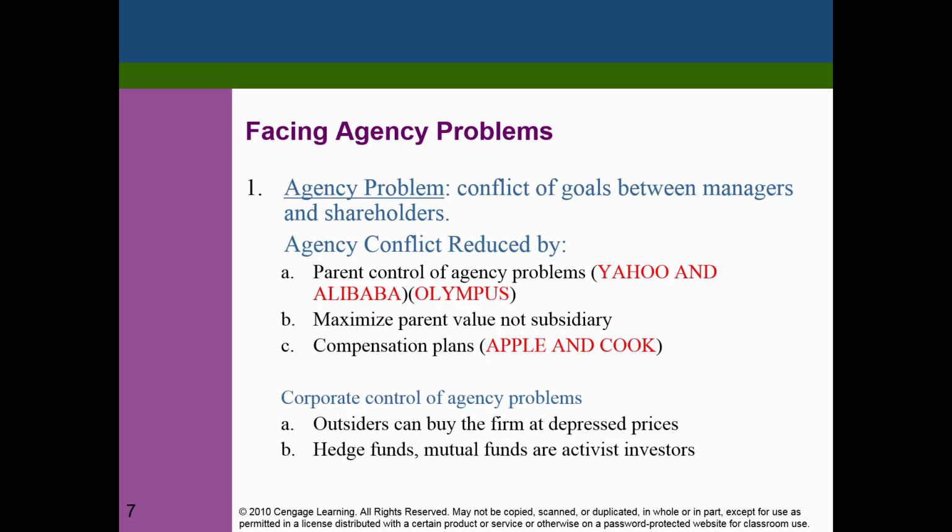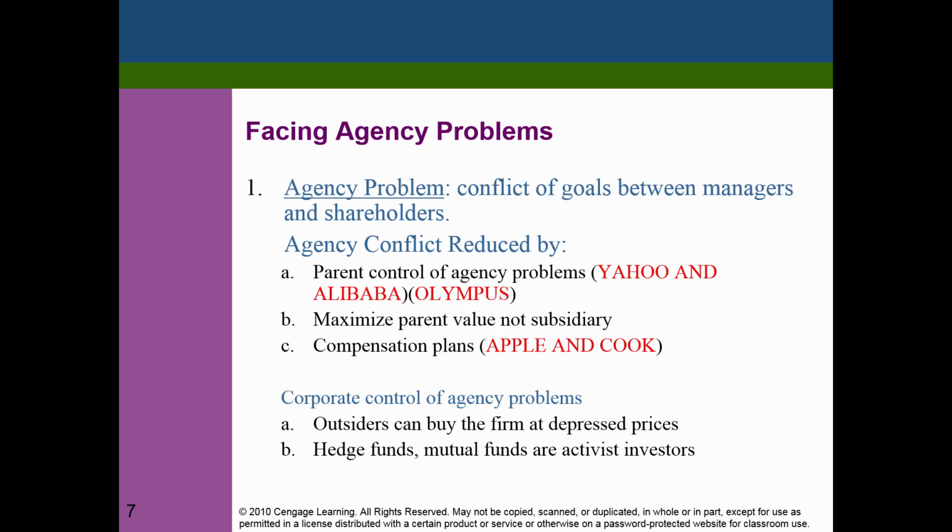And if you look at how they paid, basically they paid the CEO not with cash, because if you give him cash, he has no incentive to work harder. On the other hand, if you pay him with stock and stock options, he will do his best to make sure that the value of the company is increased, because only if the value of the company is increased does his compensation go up.